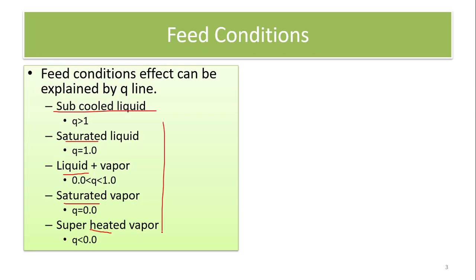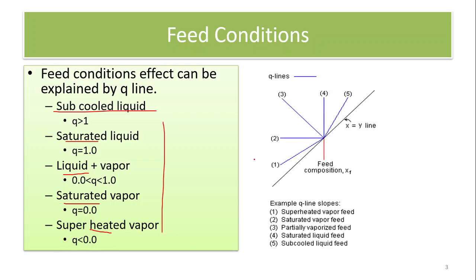In all these conditions, the q line can be developed, and we have discussed in the previous lecture how the q line is developed with the help of the q value. For the same conditions, you can see these different slopes of the q line, and if you change the slope, meaning you change the feed conditions, the number of stages will change. That is an important thing regarding the feed condition.